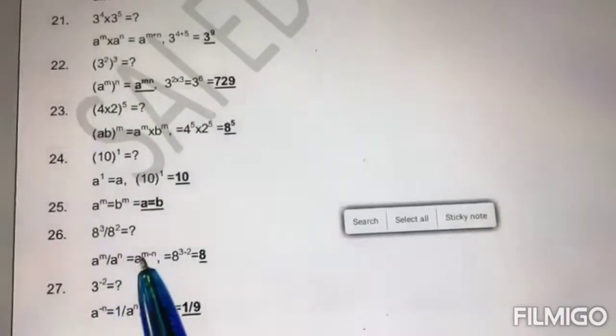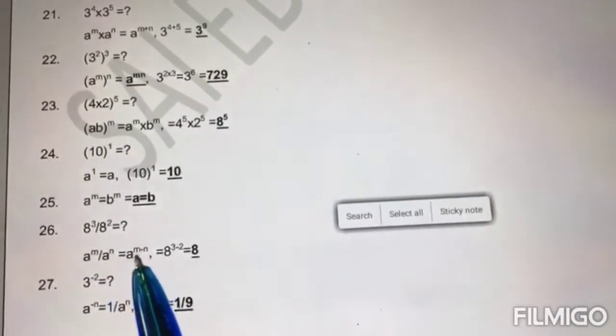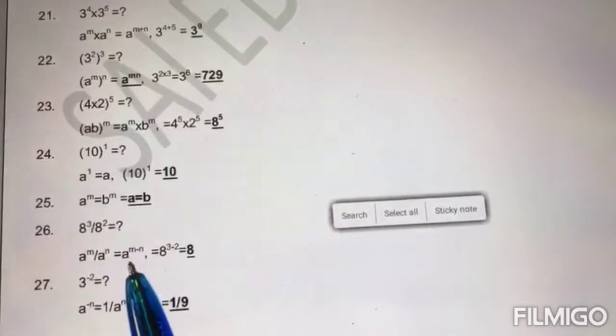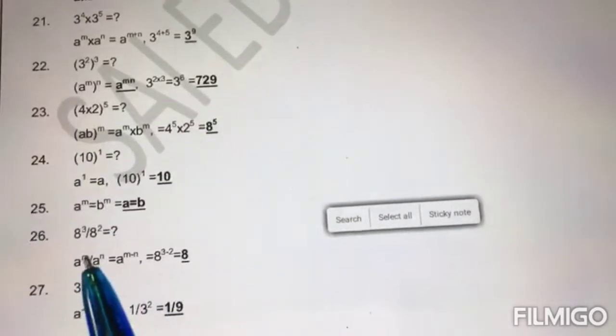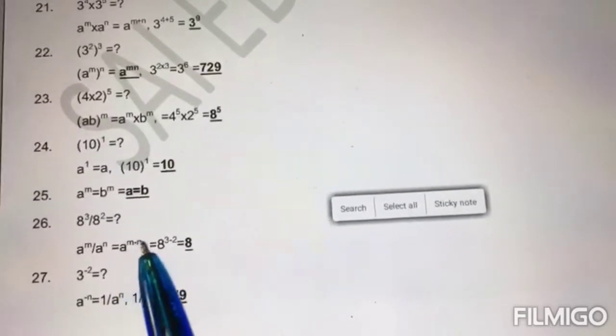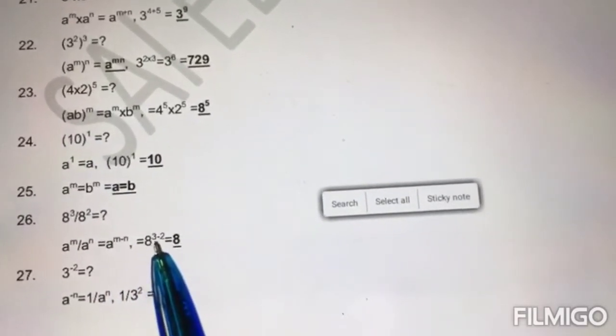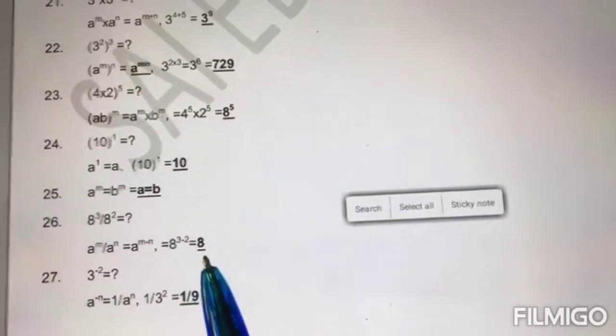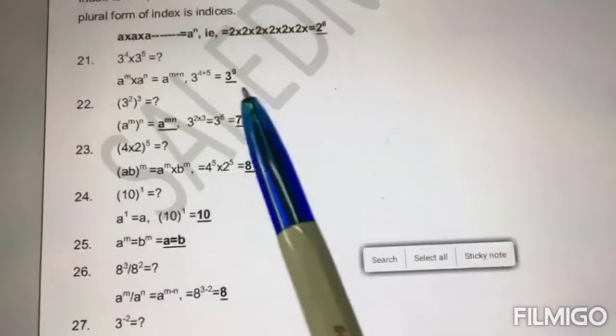A raised to m divided by a raised to n is equal to a raised to m minus n. In this case, it will be 8 raised to 3 minus 2, which is 8 raised to 1, which is 8.